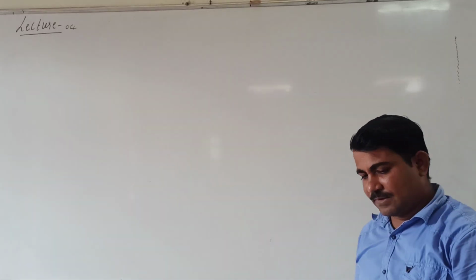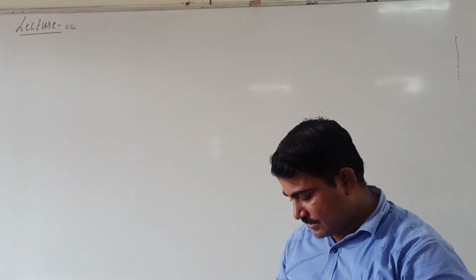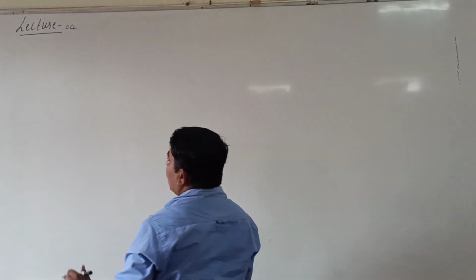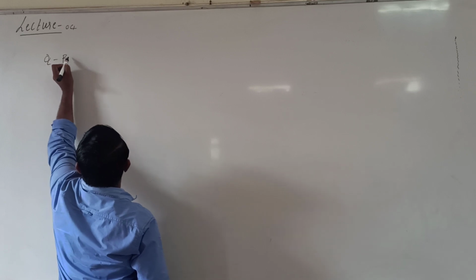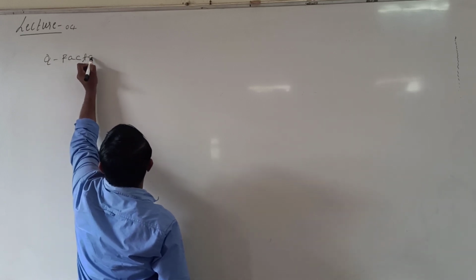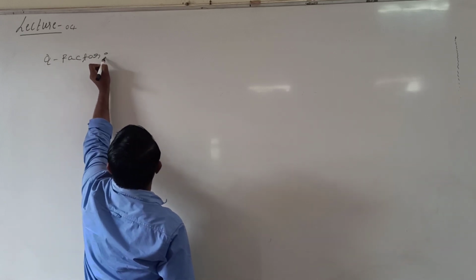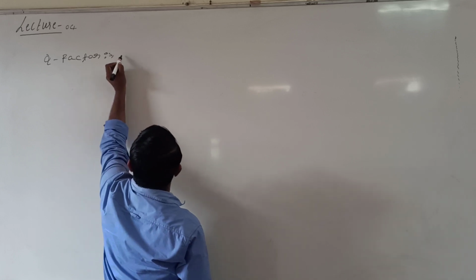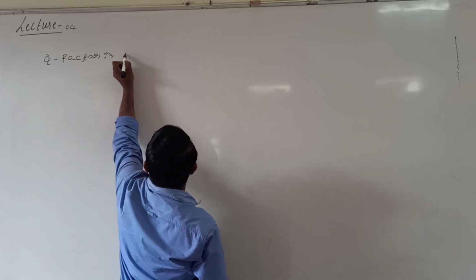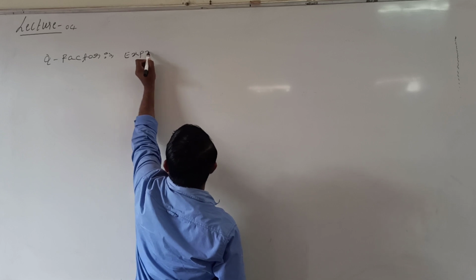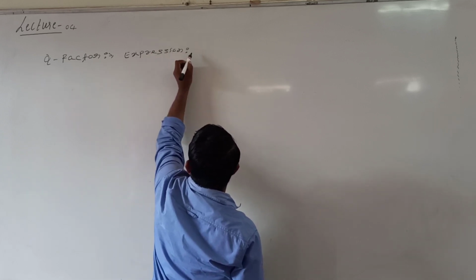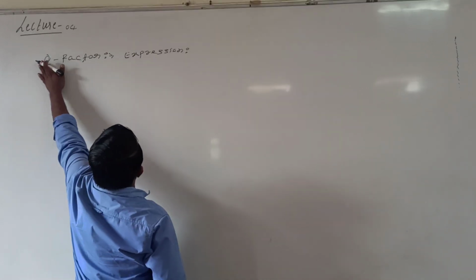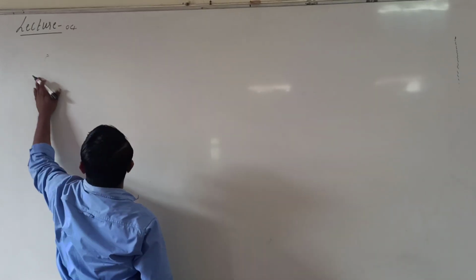Okay. Let us take the Q factor, the expression for Q factor. Q factor, in detail we will see. Let us take its expression. See here. Directly you can take the expression for Q factor.